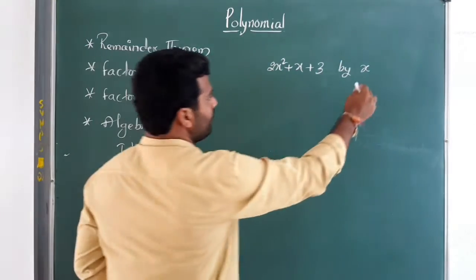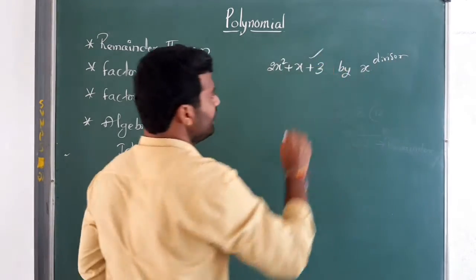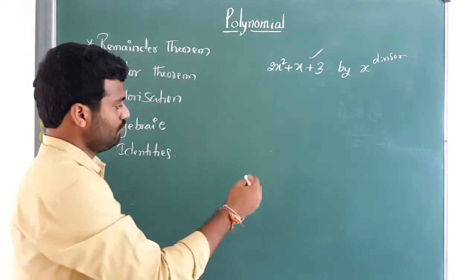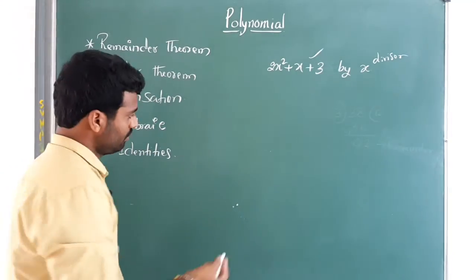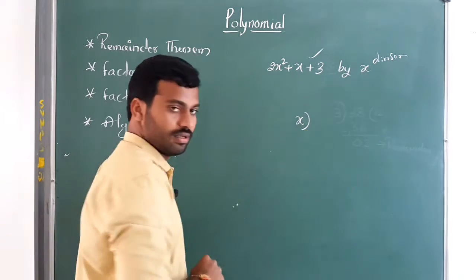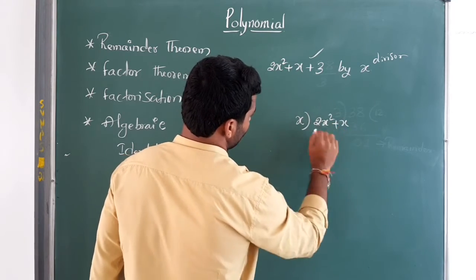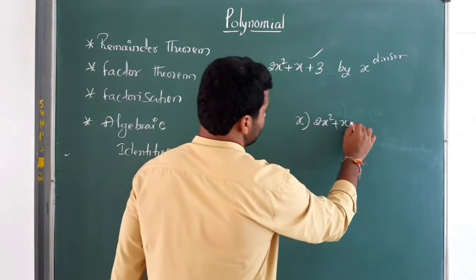So here this is the divisor, and this is the dividend. So go for the normal division. What we can do: x we write here, and the dividend we write here. What is the dividend? 2x square plus x plus 3.